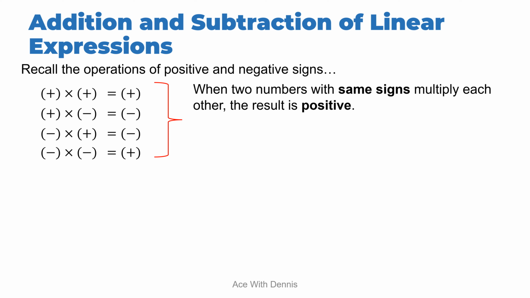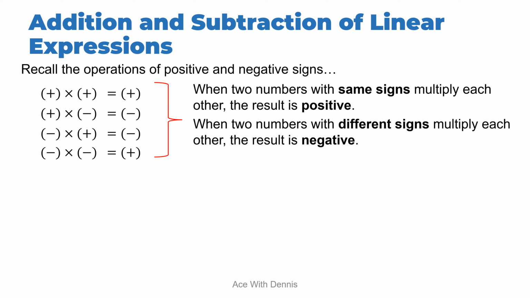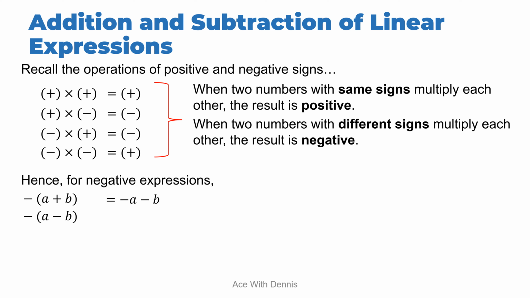When two numbers with the same signs multiply each other, the result is positive. When two numbers with different signs multiply each other, the result is negative. Hence, for negative expressions, negative (a plus b) equals minus a minus b.